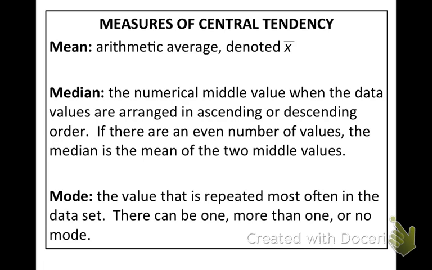And then the second sentence just describes what we do when we have two numbers. So if there are an even number of values, the median is the mean of the two middle values.